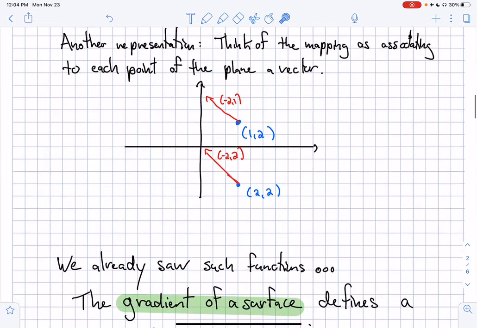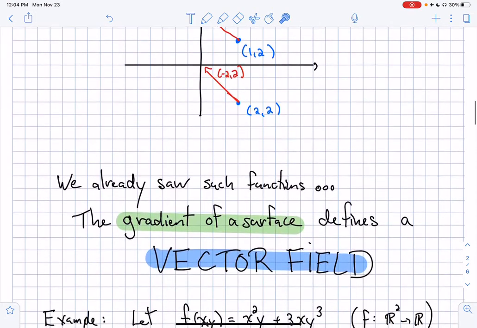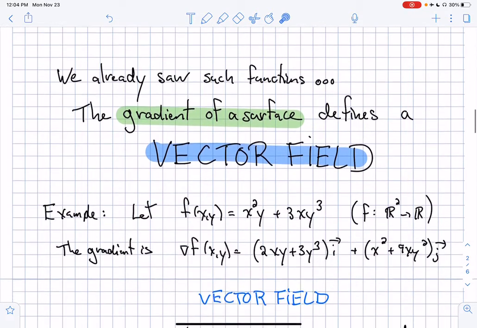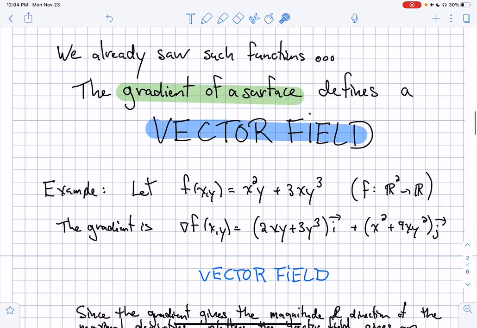Very good. So those vector fields are not new, because when I take the gradient of a surface, I get a vector field. So let's do an example to convince ourselves of that. If I take this function, which is a function from R2 to R, I get a number: x squared y plus 3xy cubed.